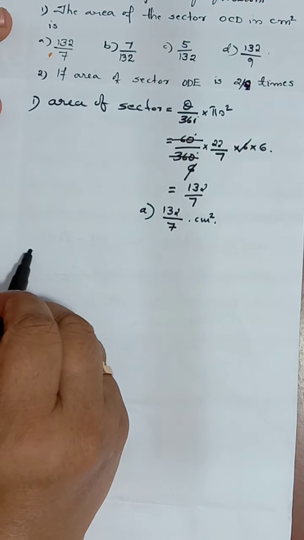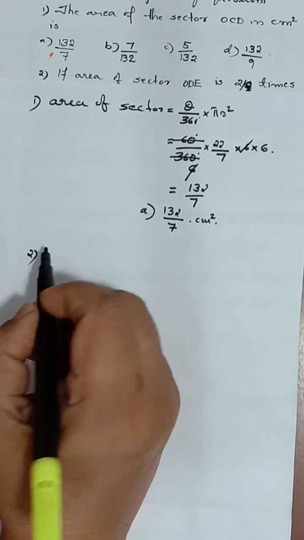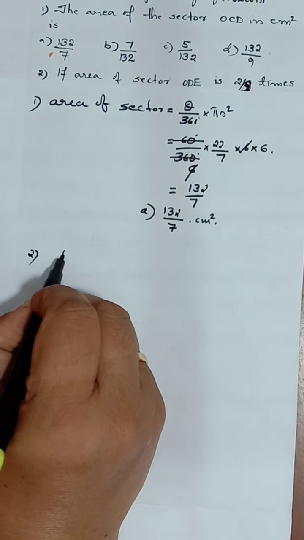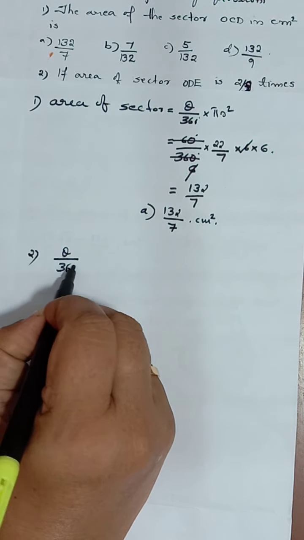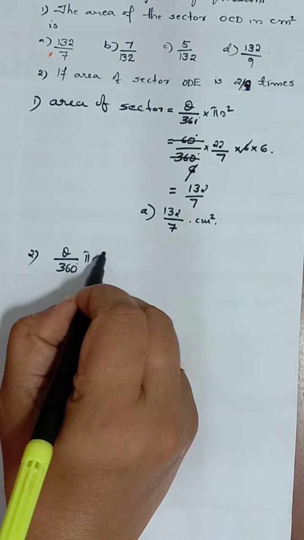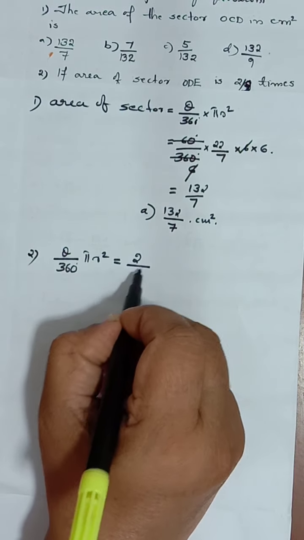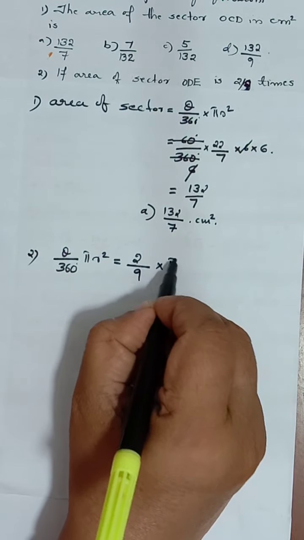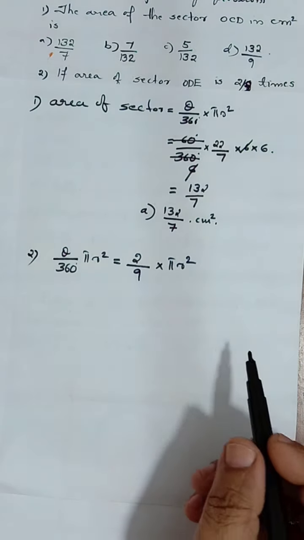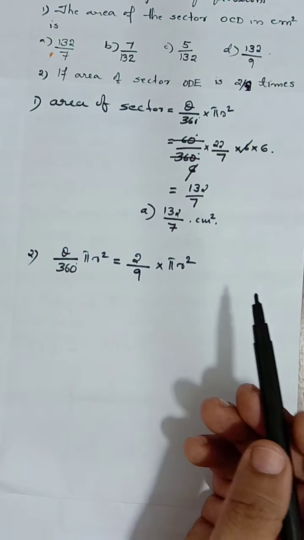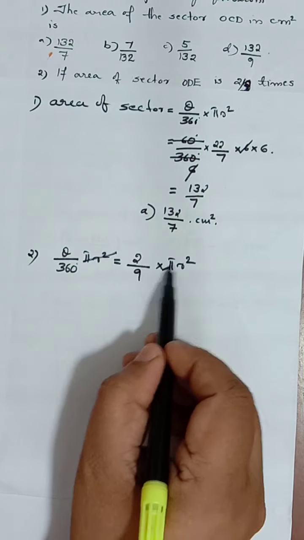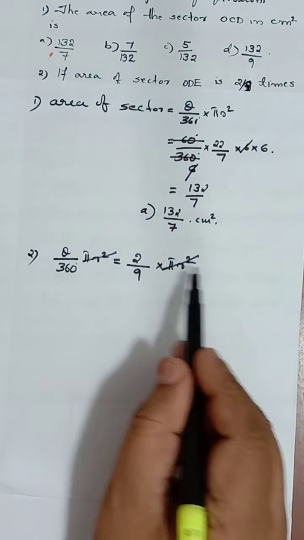So in question number 2, it's given that area of the sector ODE, that is theta by 360 into pi r square, equal to 2 by 9 times area of the circle. 2 by 9 times pi r square it is. So pi r square and pi r square get cancelled. Radius is the same.